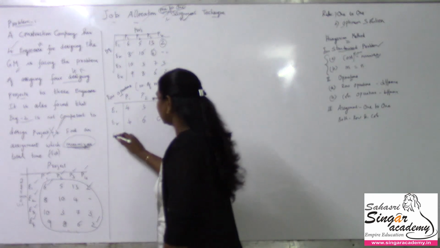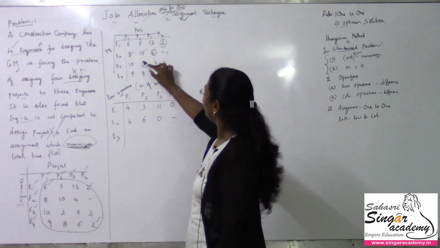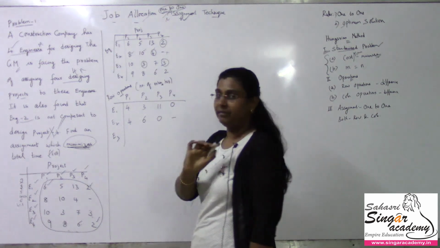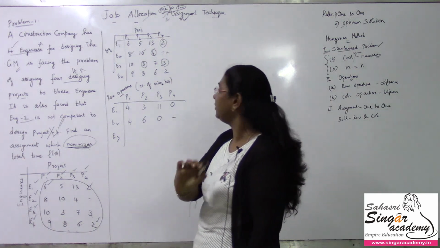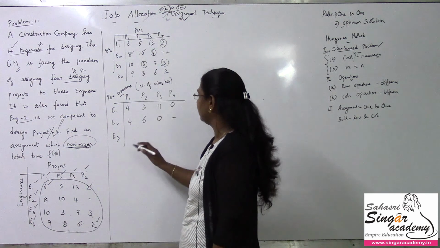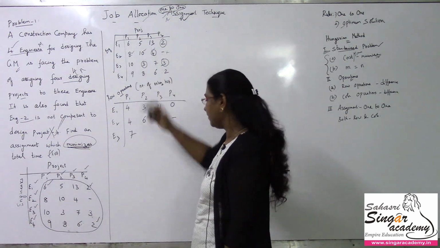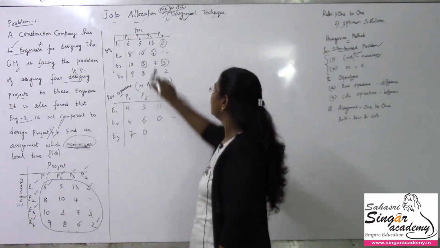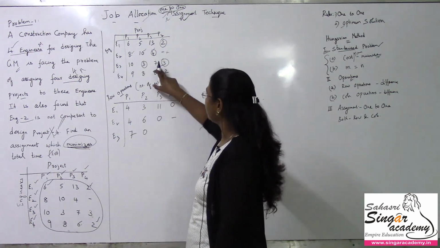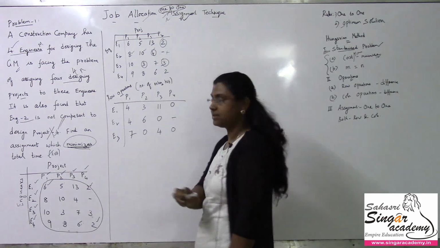If the same is done with engineer 3, he is capable of doing project 2 and also project 4 in 3 hours. So project 2 can fit, project 4 can fit. In case project 1 is given, he will take 7 hours extra. In case project 2 is given, no extra hours. Project 3, 4 hours extra, and project 4, no extra hours, right?